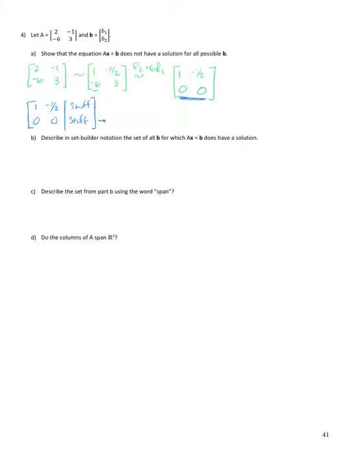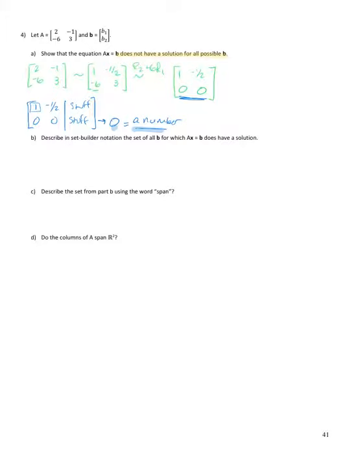So it's possible that this third row could end up as 0 equals a non-zero number. The fact that there is no pivot in row 2, while row 1 has a pivot, tells me that it does not have a solution for all possible B. There's got to be some B in there that will make 0 equal a number.